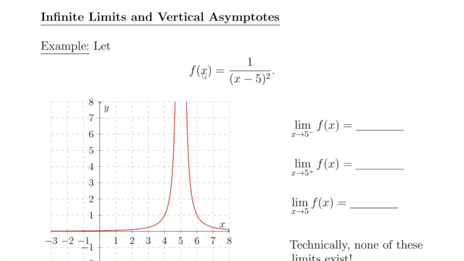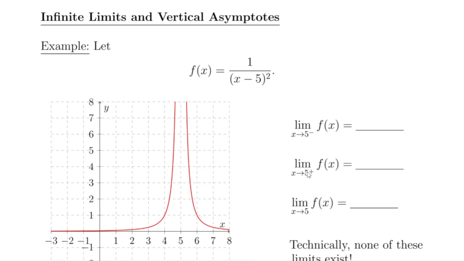So what's f of 5.1? Well, we get 1 over (5.1 minus 5) squared. 5.1 minus 5 is 0.1, or 1/10. 1/10 squared is 1/100th, and 1 divided by 1/100th is 100. So if you plug in 5.1, you get an output way up there at a height of 100.